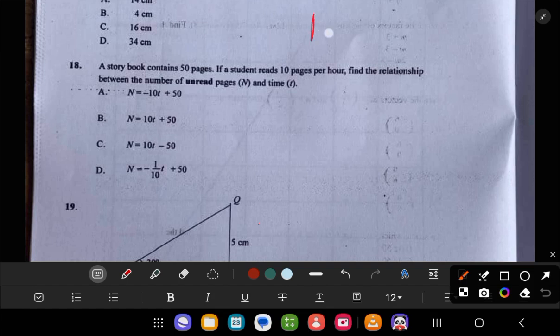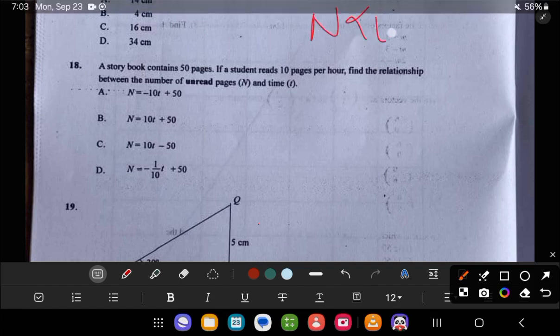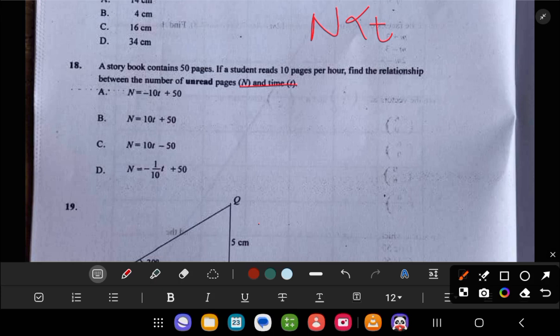So this capital N, how is it related to T from the question given? So capital N should be equal to something we don't know. We need to figure it out from the question. So we are told that these are the number of unread pages, and we are told that it contains 50 pages.